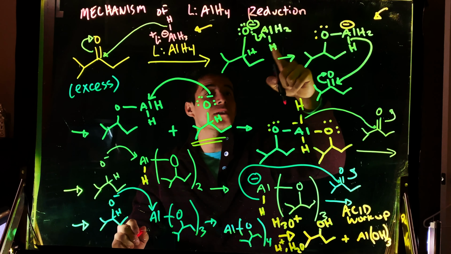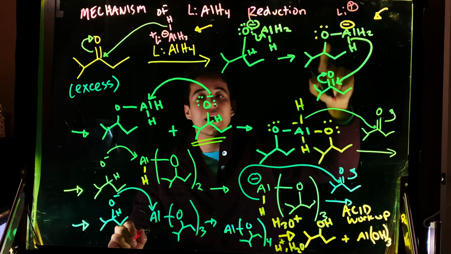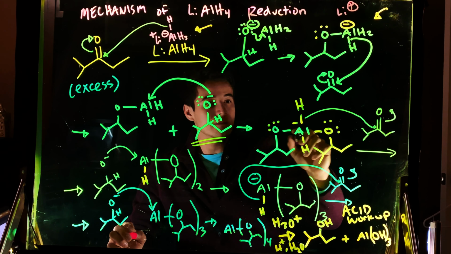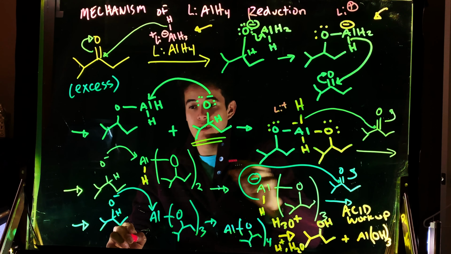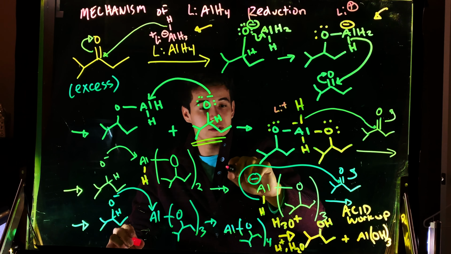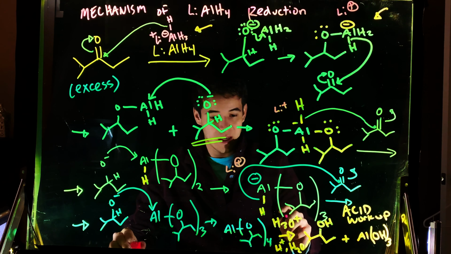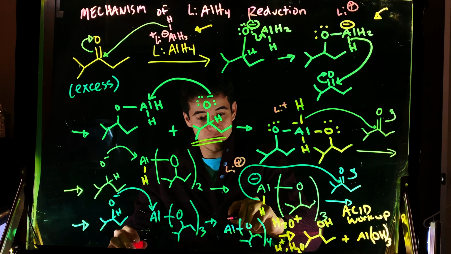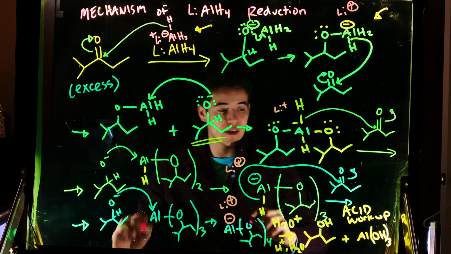So over here, right here, we have a lithium. And down here, let's see, here's another one. We have lithium. Let's try and find the last ones. Here, we have another lithium next to our aluminum. And this aluminum is negatively charged with a lithium floating out in front, okay?